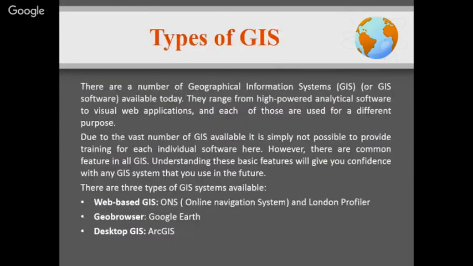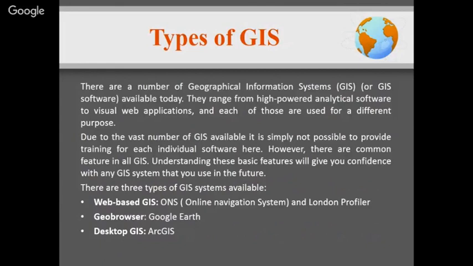Now, types of GIS. There are a number of GIS information systems available today. They range from high-powered analytical software to visual web applications, and each of those is used for a different purpose. Due to the vast number of GIS software available, it is simply not possible to provide training for each individual software here.